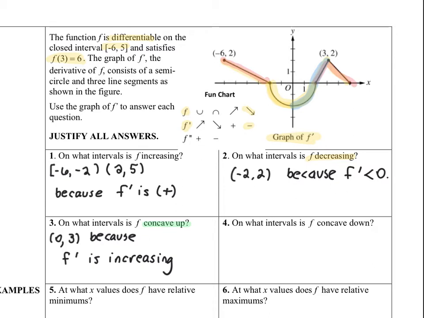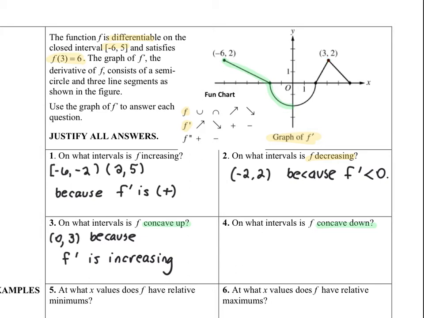F prime is increasing. Next, I'm asked to find where f is concave down. In my fun chart, here's concave down. And what I'm looking for in my f prime is a decrease. My f prime graph is decreasing all the way until I get to the y-axis. Then it shifts to an increase, increase, increase until I get to that tippy top at x equals 3.